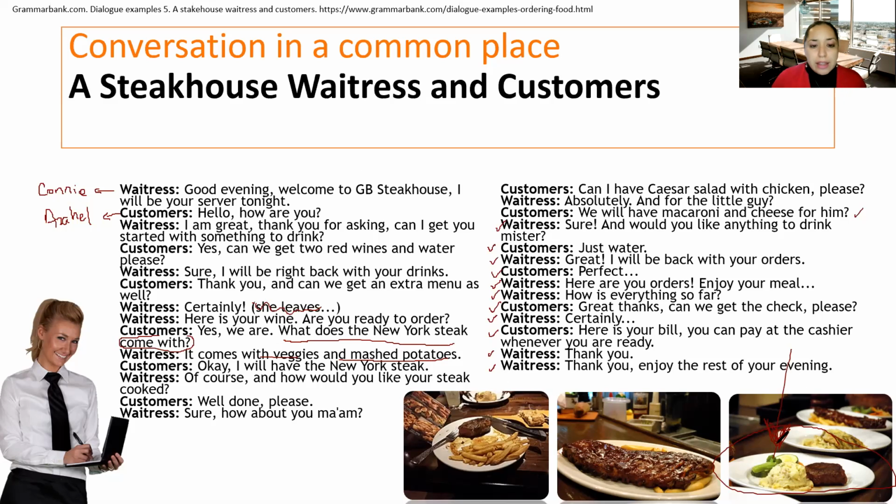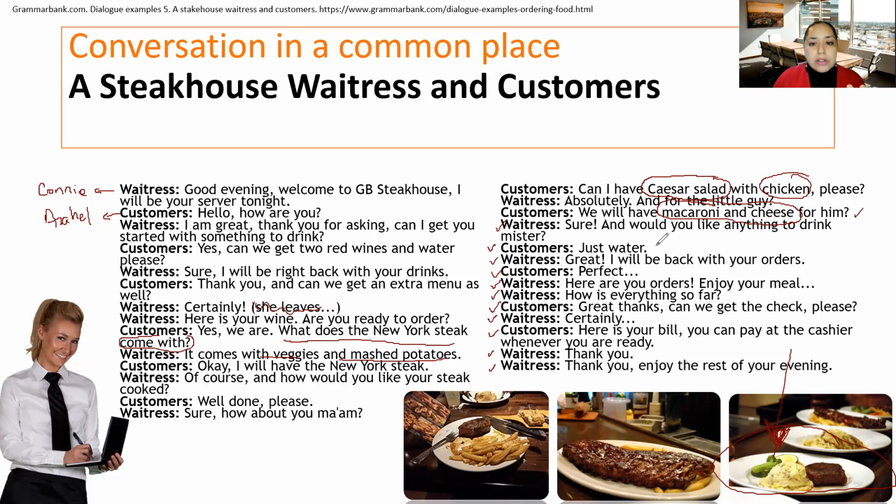But then there were more people, and you need to know about the other dishes. So the woman is asking for a Caesar salad with chicken. And then for the kids, mac and cheese. There's a kid in there.